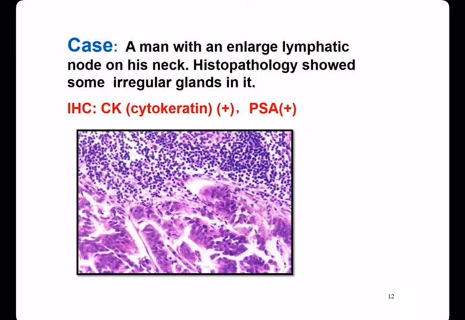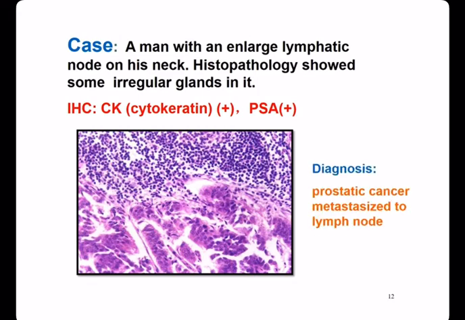CK positive means it was an epithelium-derived tumor. PSA is prostatic-specific antigen in prostatic cancer. Therefore, we got the answer. It is prostatic cancer metastasized to the lymph node on the neck.